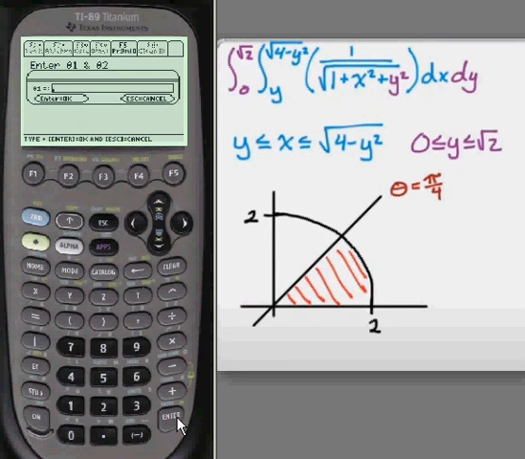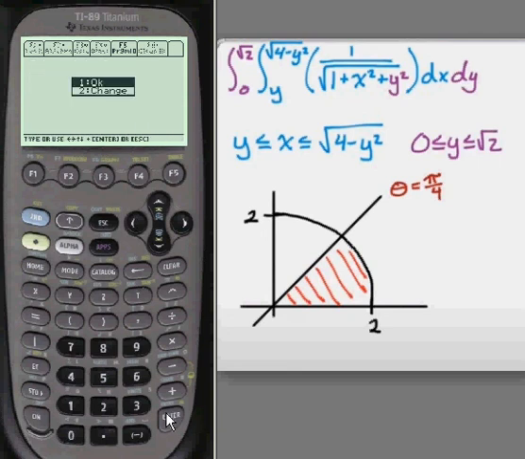Same system, we're going to enter the theta limits: theta from 0 to pi divided by 4. I say it's okay. The radius is from 0 to 2. Yep, correct. So now we've reversed everything.